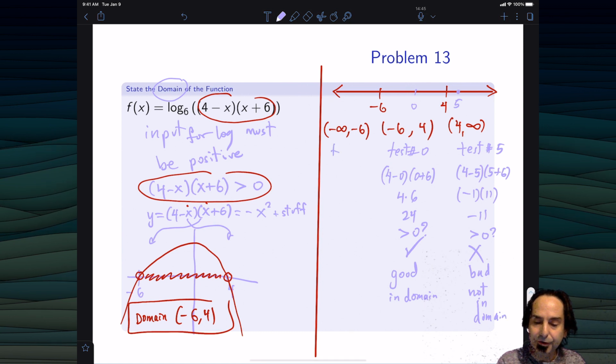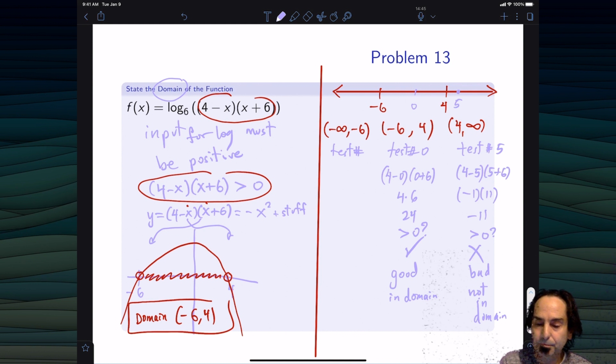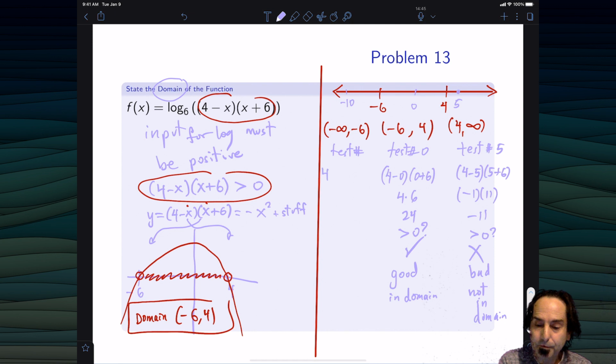Last thing, what's a good test number for this first interval, negative infinity to negative 6? Well, something to the left of negative 6. Let's see what happens with negative 10. Negative 7 is also good if you were thinking of that. But we want 4 minus negative 10 times negative 10 plus 6.